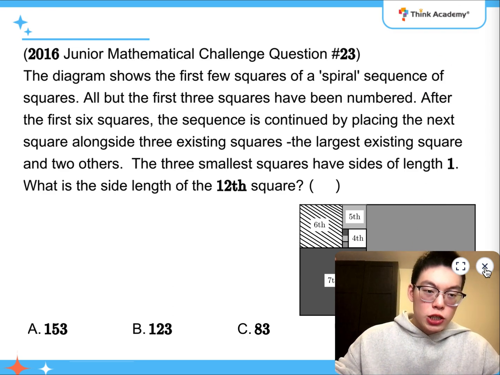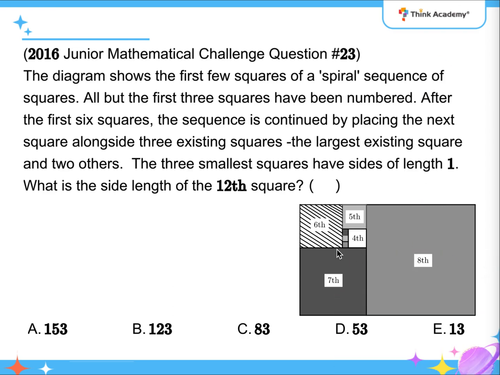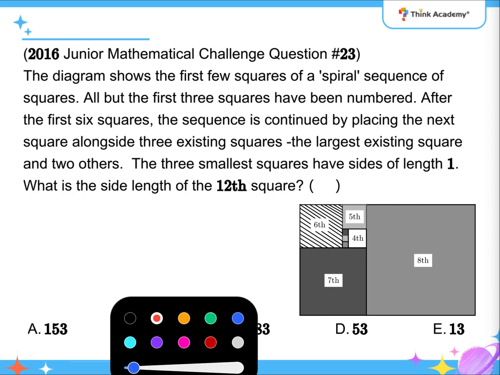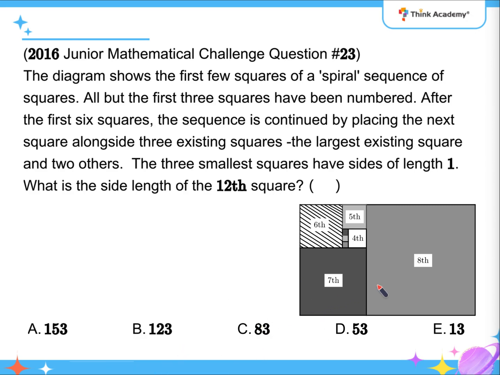And as for question 23, I need to hide my head again. So it is asking you to find the length of the 12th square following this pattern, where it forms a spiral sequence of squares. Okay, so the word sequence is pretty much important because that kind of hints us what to do.